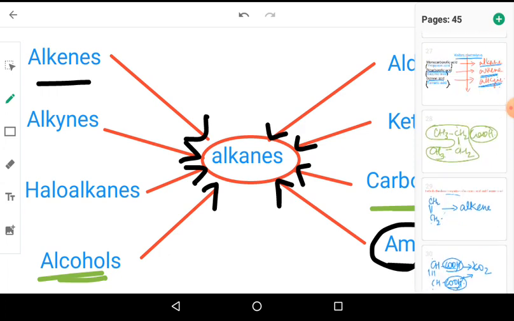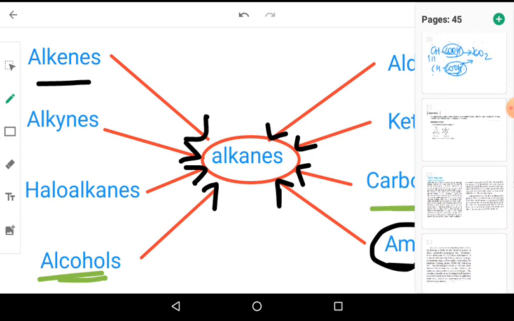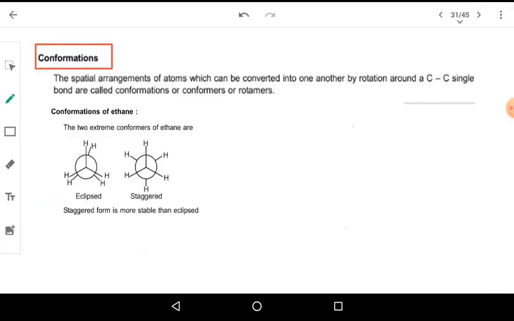Now let us see the conformations of alkanes. Here we will be just discussing a brief introduction of conformation. We have a separate video on isomerism wherein we will discuss this in detail. Now, what are conformations? Conformations are the spatial arrangements of atoms, formed by the rotation of a single carbon-carbon bond.